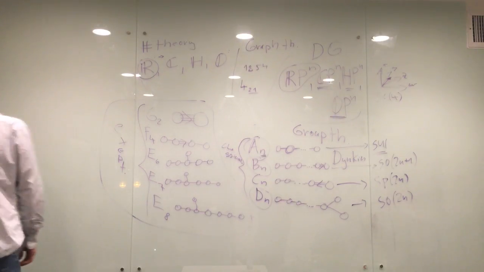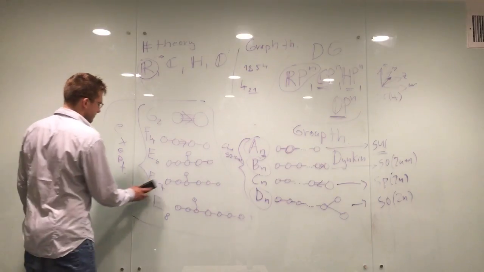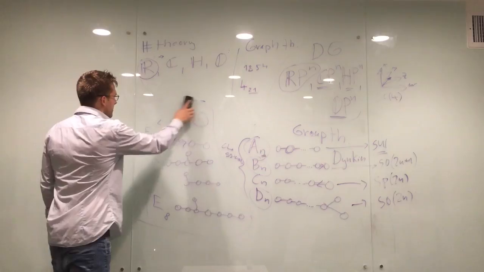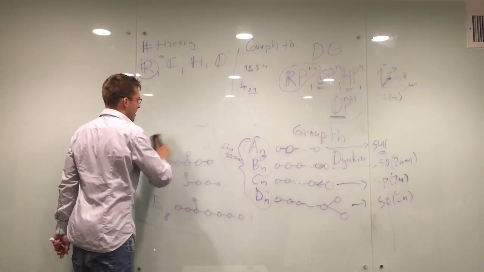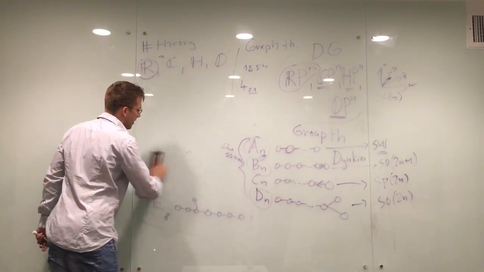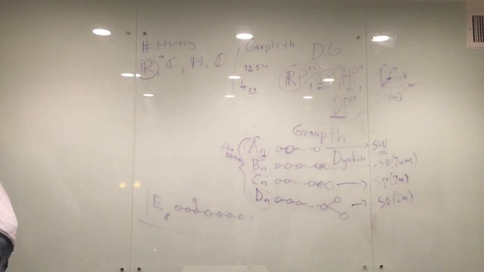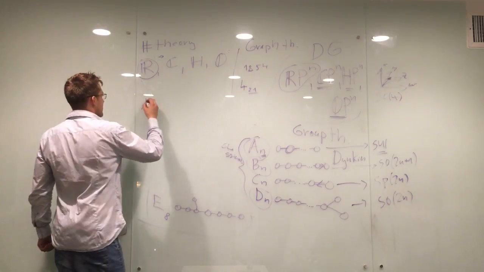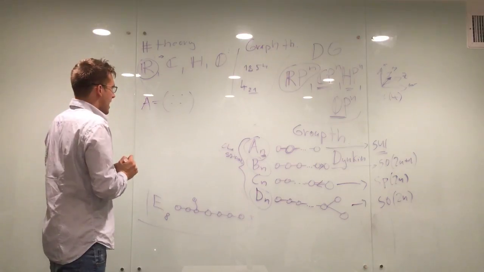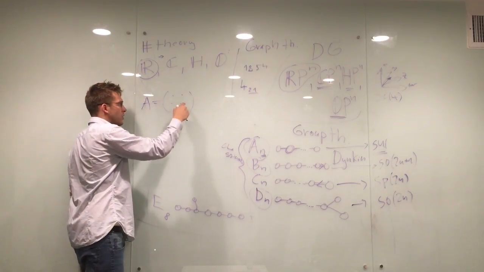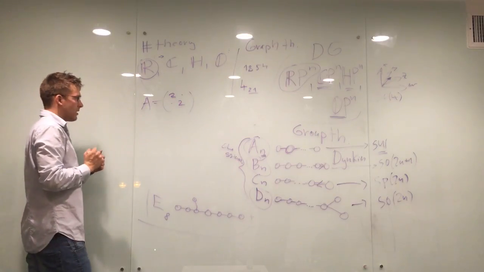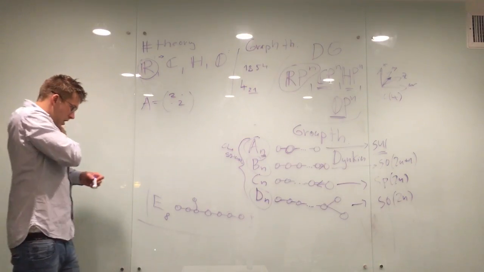Now, given a certain algebra, an algebra is fully defined by something that's called the Cartan matrix. So it's a matrix, let's say a 2x2 matrix, that has two 2's on the diagonal, and something else over here.